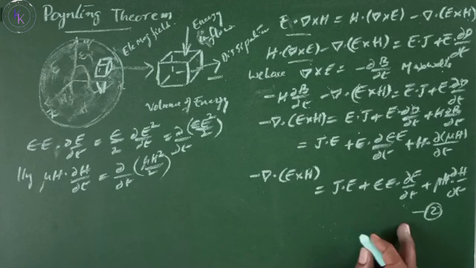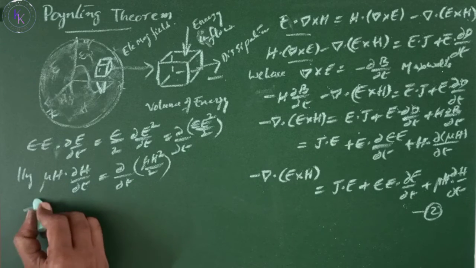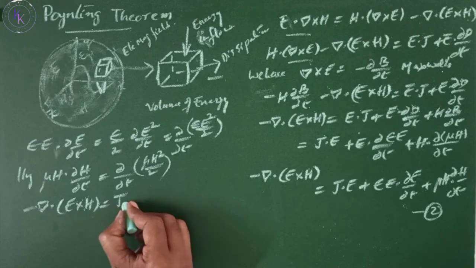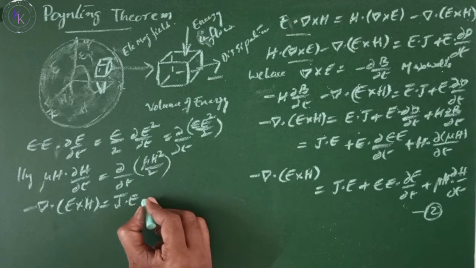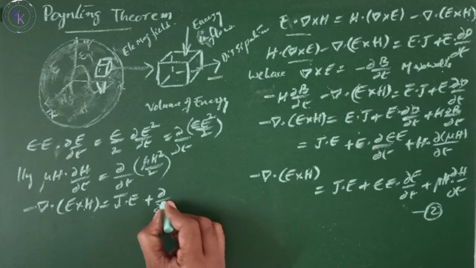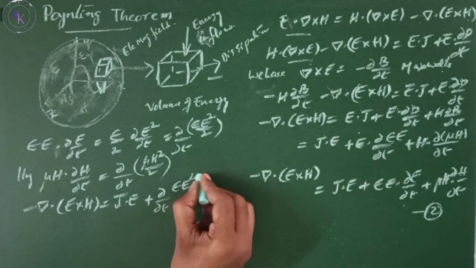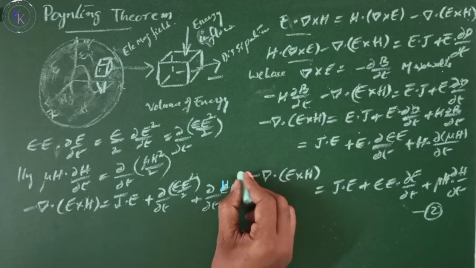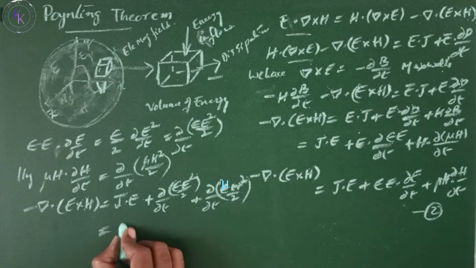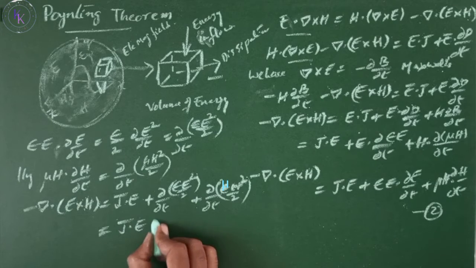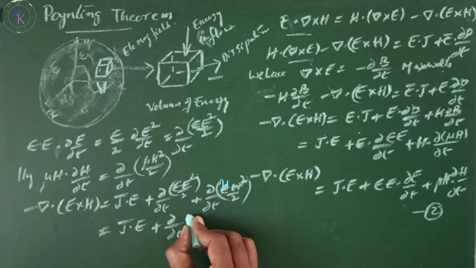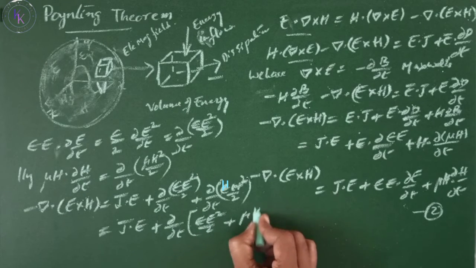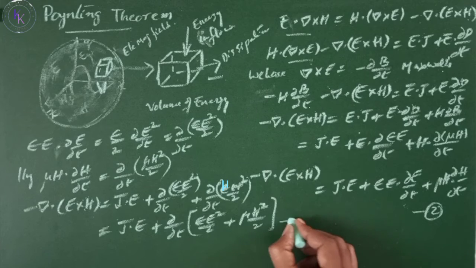Now, substituting these values in equation number 2, we get minus del dot E cross H equals J dot E plus dou by dou t of epsilon E square by 2 plus mu H square by 2. Let this be equation number 3.